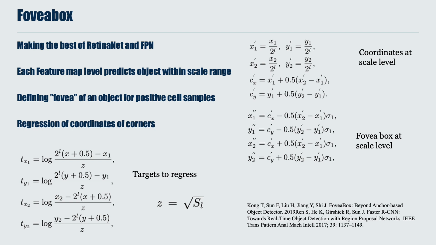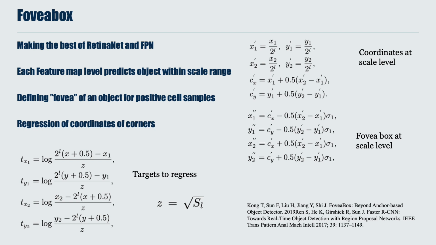Compared to FCOS, where everything in the object can contribute to the final detection, here it's only from the fovea of the object, so from the center of the object, that you can predict the box that you can average afterwards.